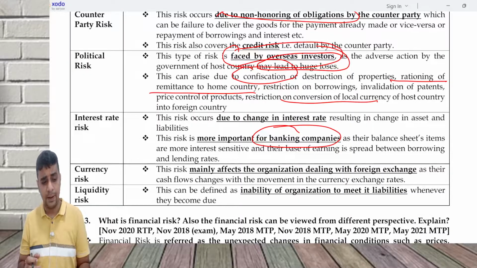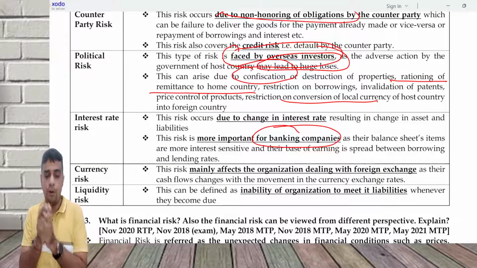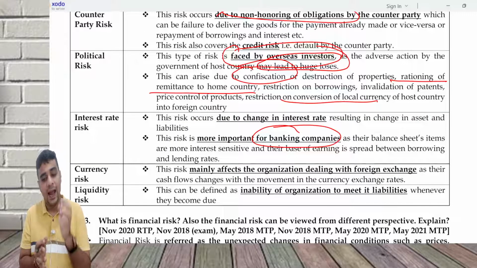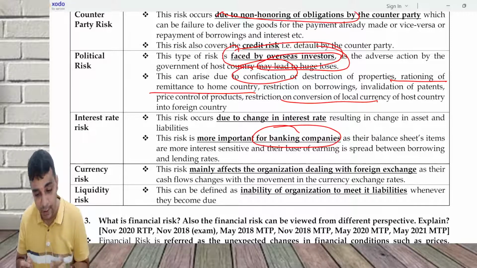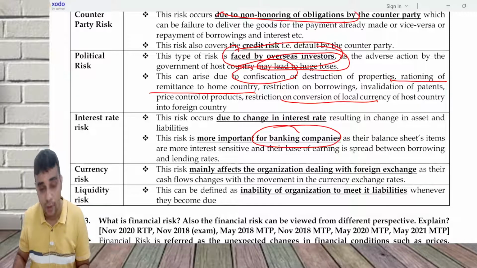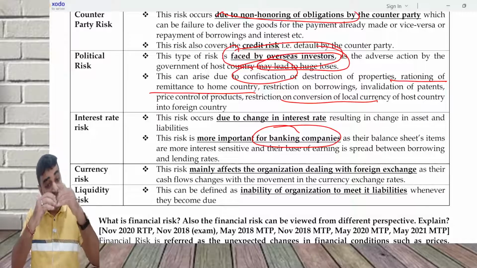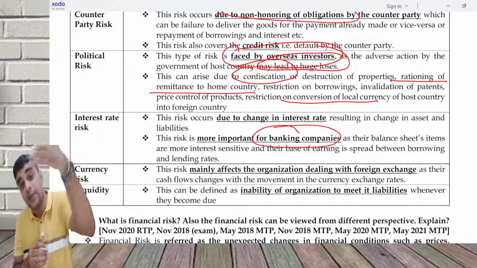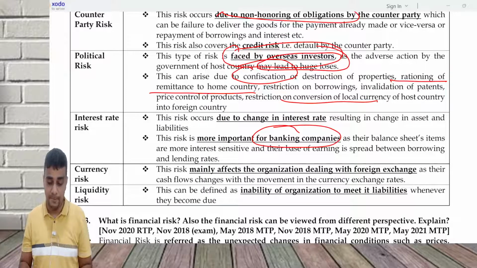Basically what can happen is you have borrowed some money and you are not able to repay your liabilities. That is technically called liquidity risk, the inability of the company to meet its liabilities whenever they become due, and this will become a counterparty risk for the other party because you are defaulting on your obligation.